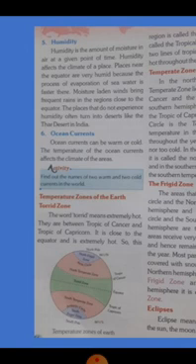Okay, so these are the factors that affect the climate of a place: the latitude, altitude, wind, distance from the sea, humidity and ocean currents. 6 factors that affect the climate of a place. Which are the 6 factors that affect the climate of a place? Latitude, altitude, winds, distance from the sea, humidity and ocean currents.